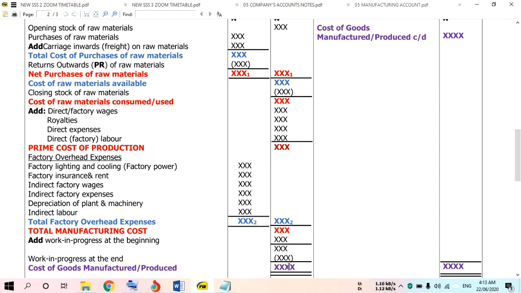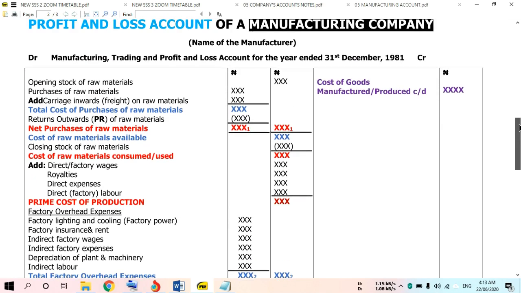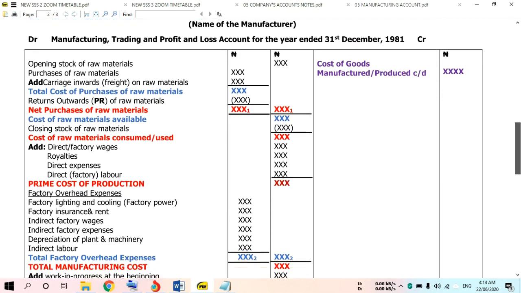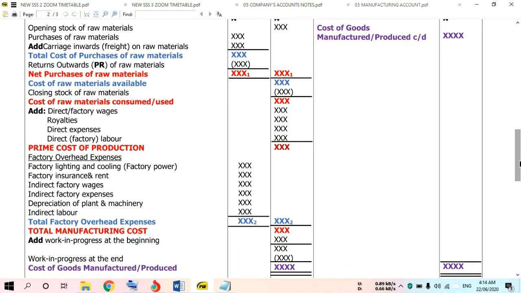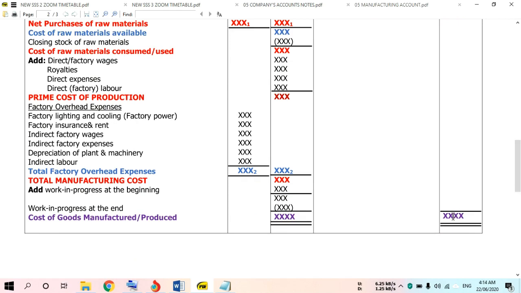So when you get the cost of goods manufactured, you transfer the same figure to the credit side of the manufacturing account as cost of goods manufactured or produced c/d. That c/d will be brought to this side. Also, you get the total and do the balancing together.